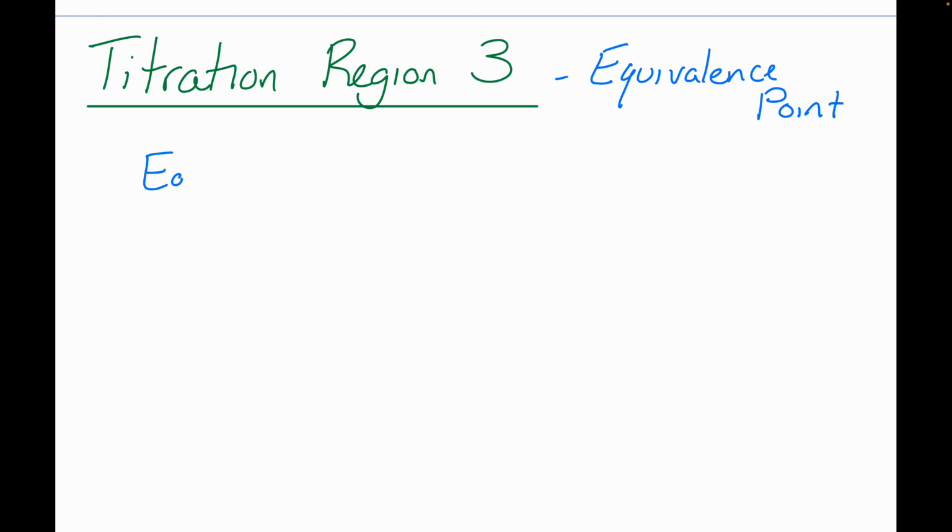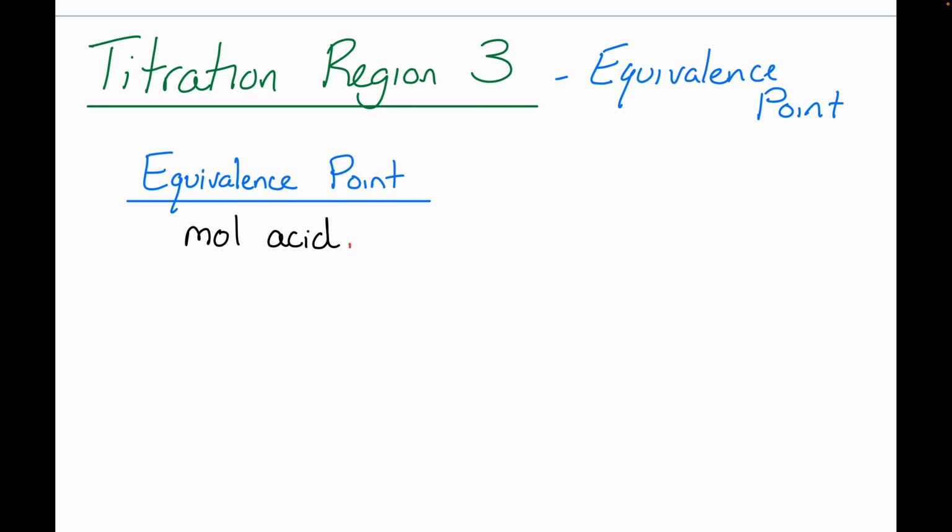And again, very important to remember what it means to be the equivalence point. That means that the moles of acid that you started out with initially equal the moles of base that have been added.